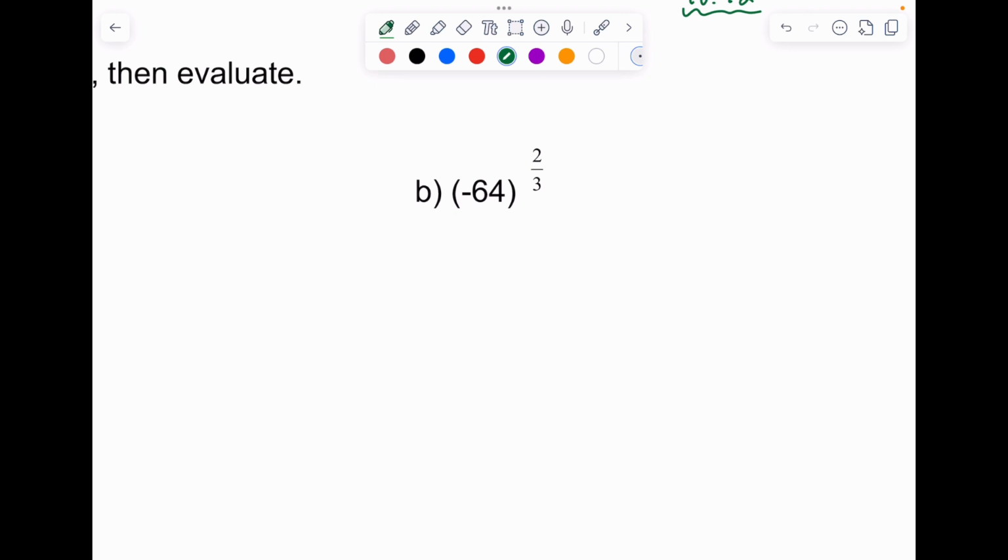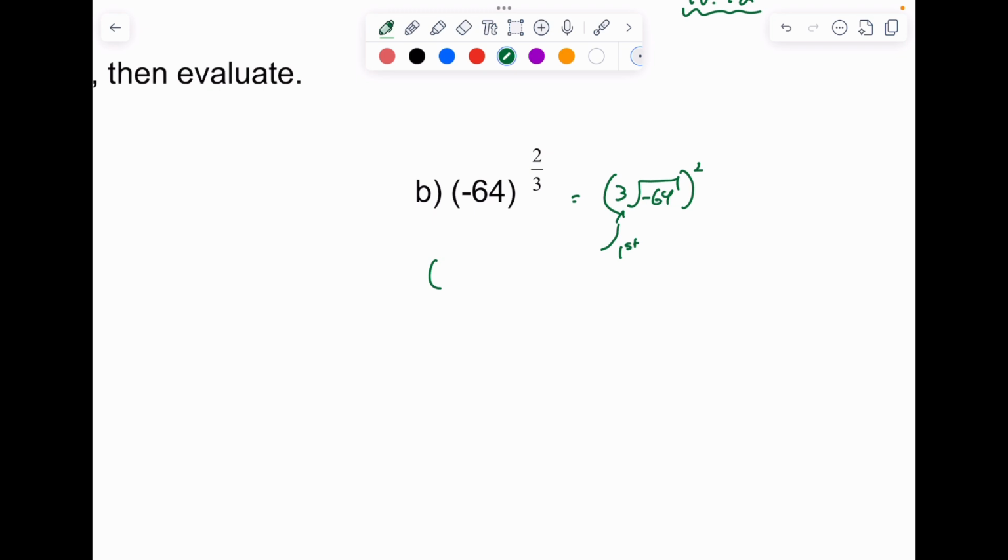So deal with each one of these in steps, all right? So we are taking the third root of negative 64. So that means me taking negative 64, right? I'll write out what this is equivalent of saying. Negative 64 squared. So you're dealing with this first.